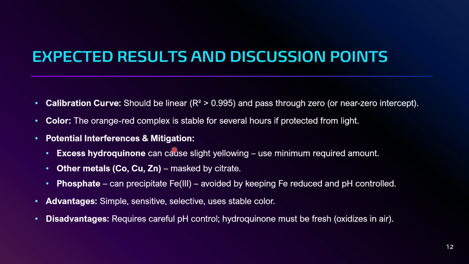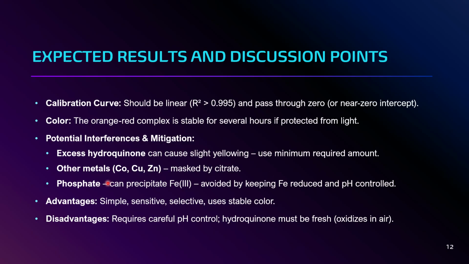The iron OPT complex is quite stable if it is protected from sunlight, because sunlight disintegrates the complex and therefore the color diminishes. The precaution needed in this experiment concerns excess hydroquinone, because hydroquinone itself produces a slight yellow color, so it is used in appropriate quantity.